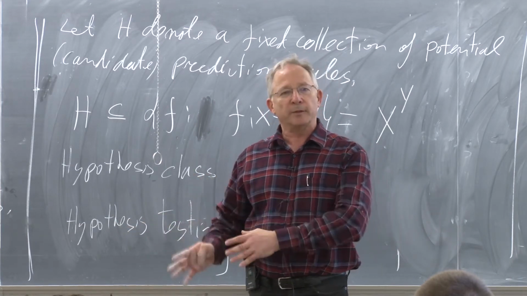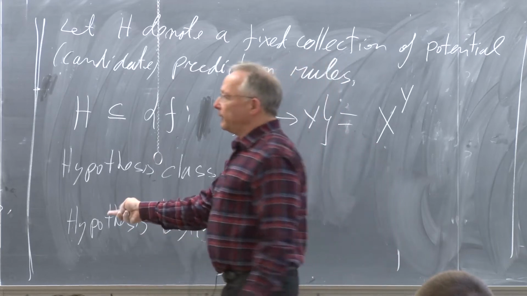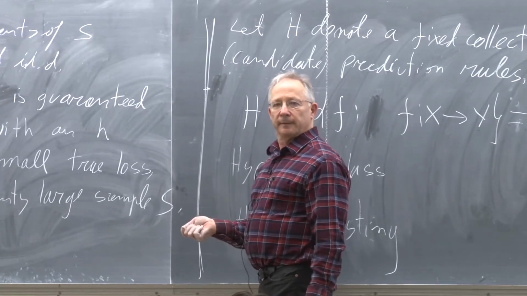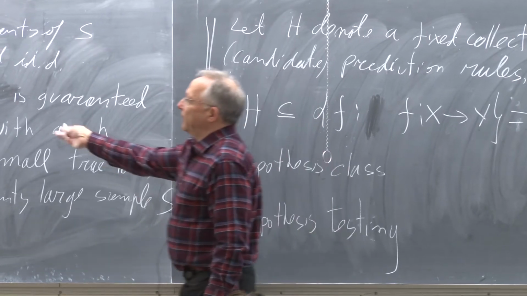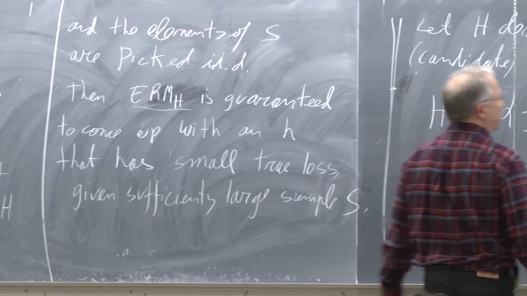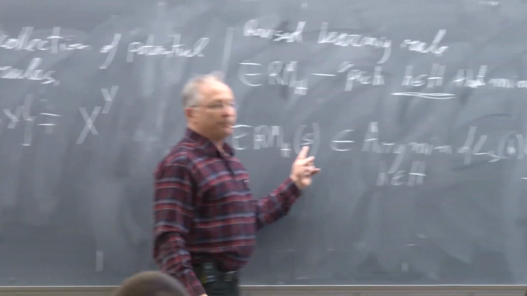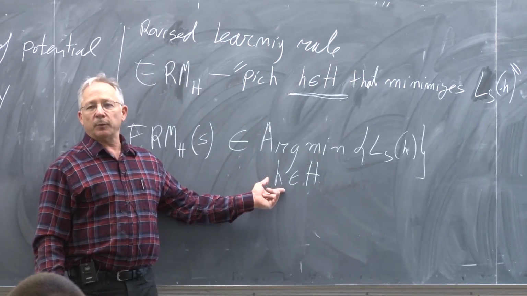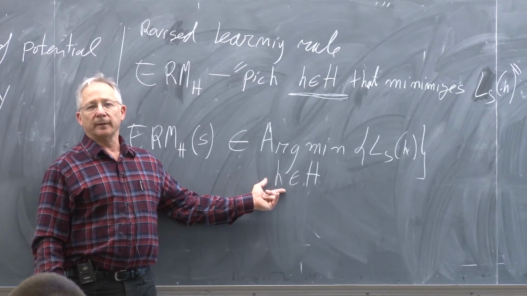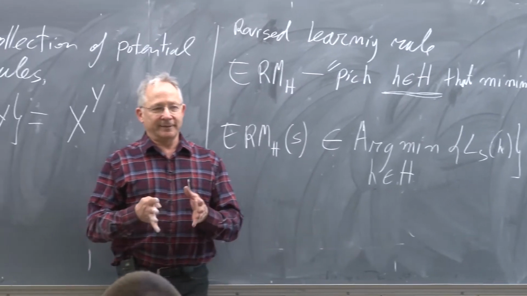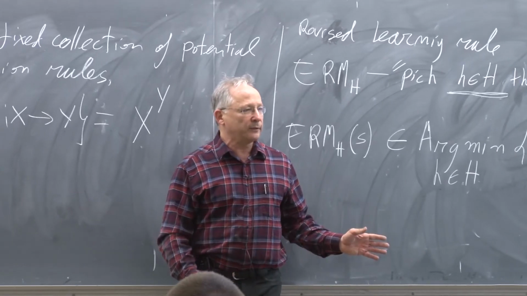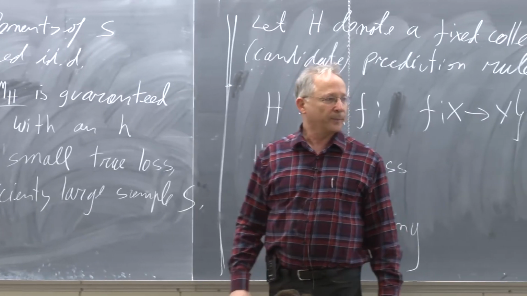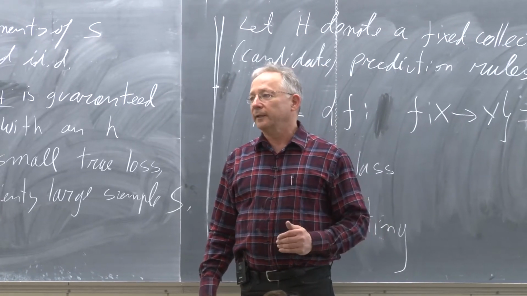You have to come up with your hypothesis before you see the data. But what we are doing here is exactly that. We are picking H based on the sample. What is ERMH? The ERMH says, look at your sample and pick a hypothesis that behaves nicely on your sample. It's exactly what the statistician will tell you not to do. Why are we allowed to do it? We are allowed to do it because we restricted ourselves to this finite H. Why is it important that we do it?